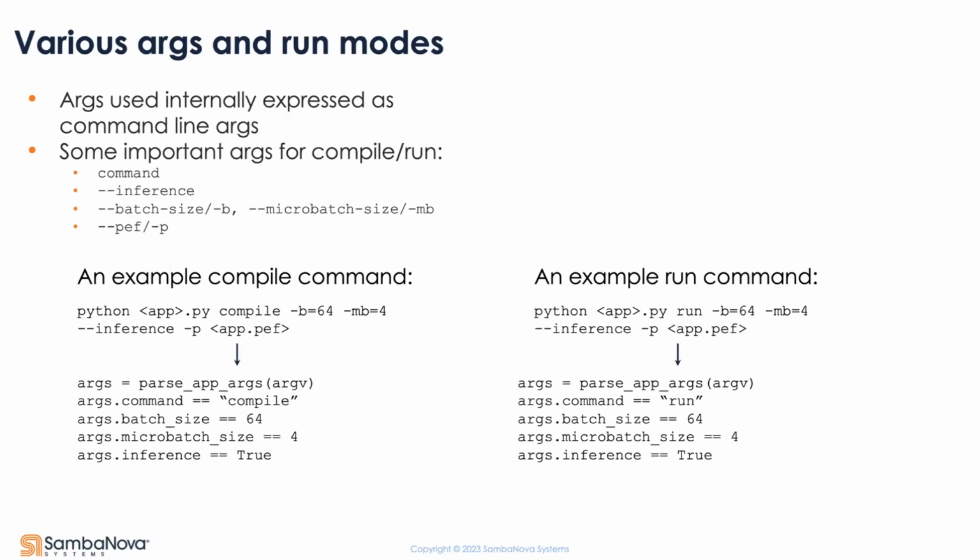Because when those values change, you actually have to recompile the PEF. Remember, I said that you have to trace the graph, that the compiler has to know the shape of your tensors to effectively map onto RDU. Well, if you compile for a specific batch size, say 32, then the graph that gets built onto RDU will expect an initial input of 32 tensors.